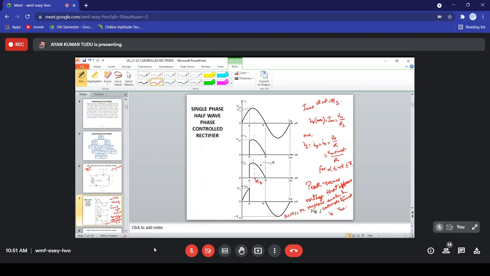So what are the other things that can be observed from here? We have seen the delay angle alpha.